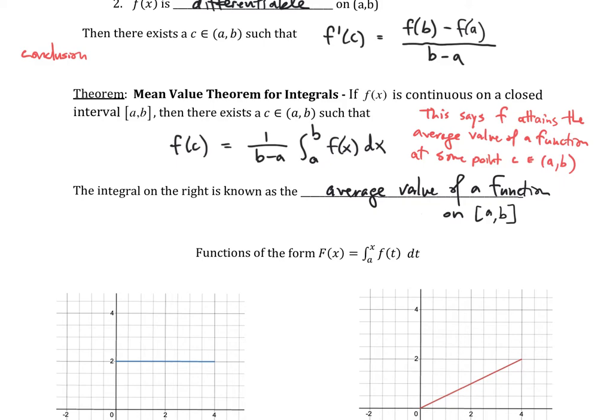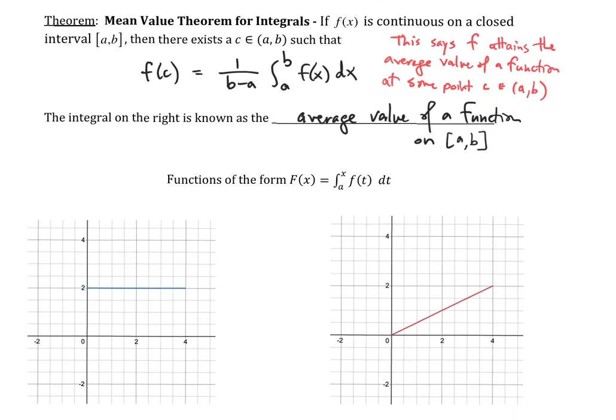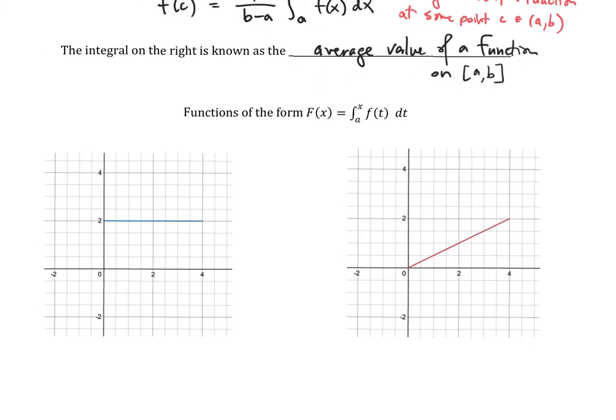So I also want to tell you about a new type of function. So let me highlight this new function for you. Capital F of x is going to be defined to be a function that looks like this. You have some other function, little f, and you're going to integrate from a to whatever x is.